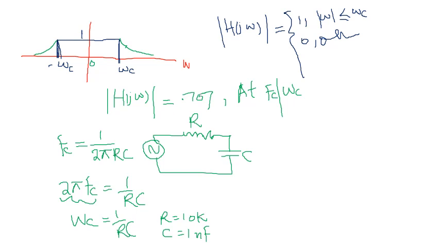Omega c will be equal to 1 over 10K times 1 nano. 1 nano is 10 power minus 9, and K is 10 power 3, so this will be 10 power minus 6, or if I shift it upside, 10 power plus 6 divided by 10.